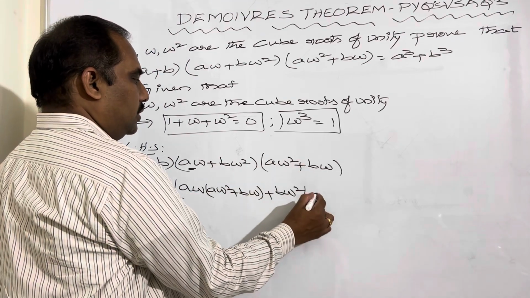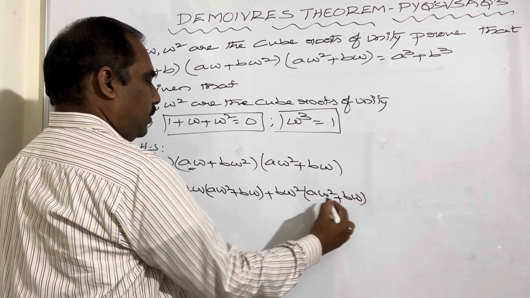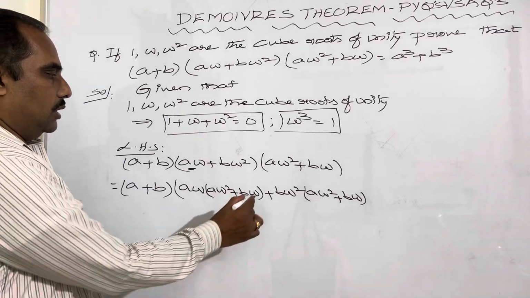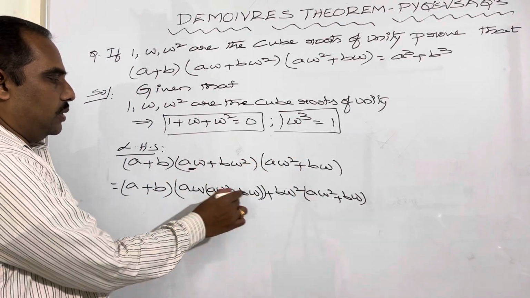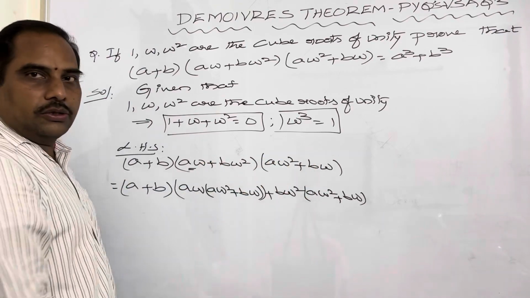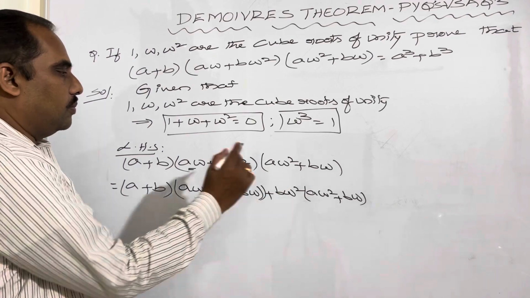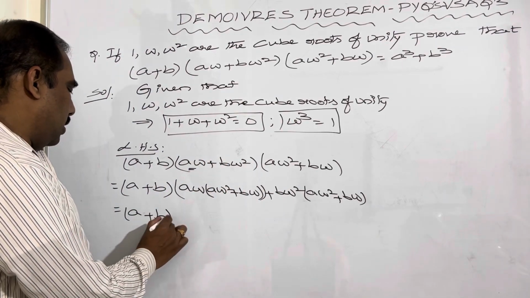Multiplying with a omega, this gives a omega square plus b omega, and also with b omega square, multiplying this gives a omega square plus b omega.